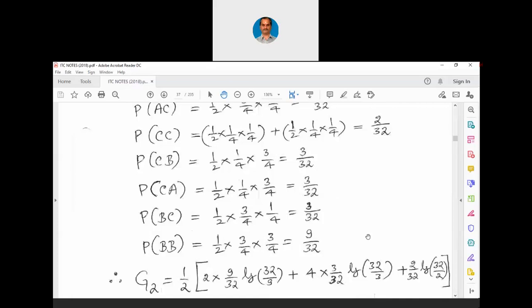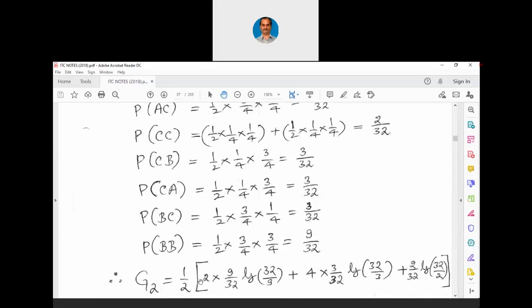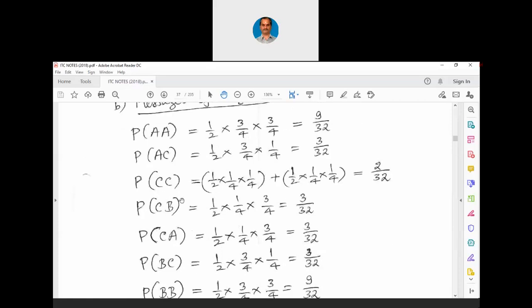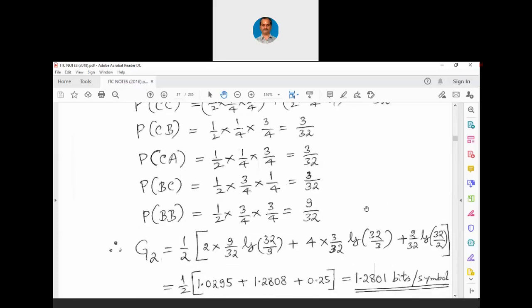So I have simply put 4 into 3 by 32. 9 by 32 is occurring twice, for AA as well as for BB. So I have put it as 2 into 9 by 32. And the remaining is occurring only once. That is 2 by 32 lg of 32 by 2. That is only CC, but it is occurring in both the tree diagrams. So G2 is coming as 1.2801 bits per symbol.